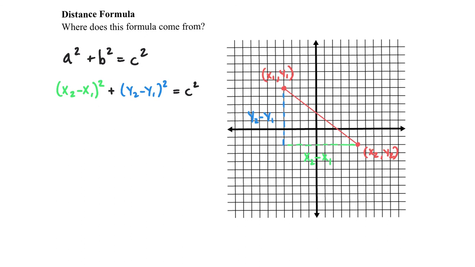And so if I take the square root of both sides, I get the distance formula: the square root of (x2 minus x1) squared plus (y2 minus y1) squared equals c. And so this is where the distance formula comes from. The distance formula is essentially the Pythagorean theorem. So when you see it in use, just understand that it's coming from the Pythagorean theorem.